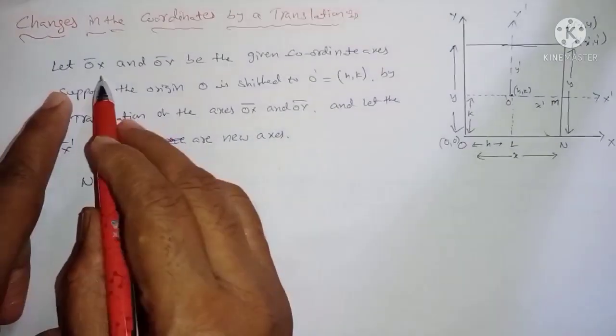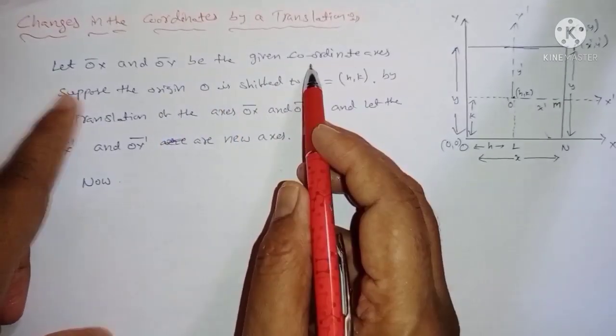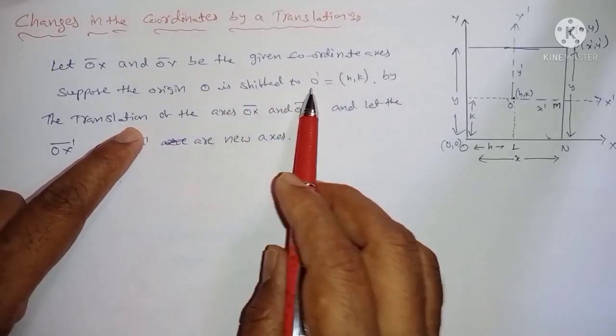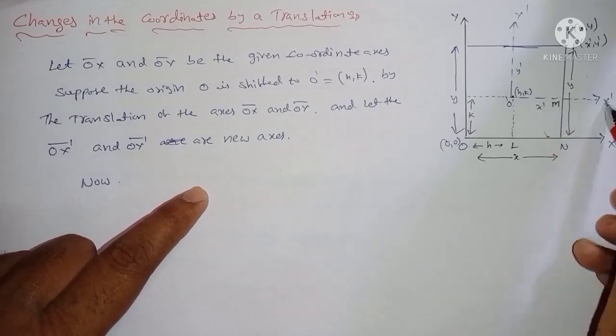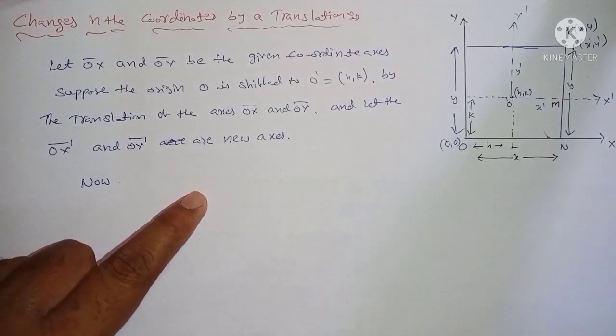Therefore, let Ox and Oy be the given axes. Suppose that the origin is shifted to (h, k) by the translation, and these are the new axes Ox dash and Oy dash.